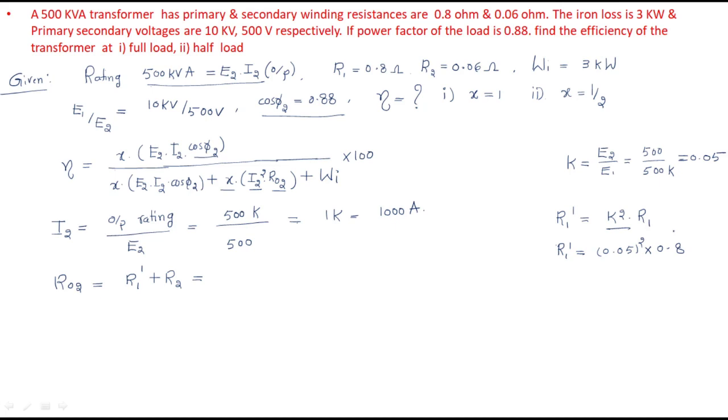So 0.05 whole square into 0.8, we will get 0.002. R1 dash value is 0.002 simply.